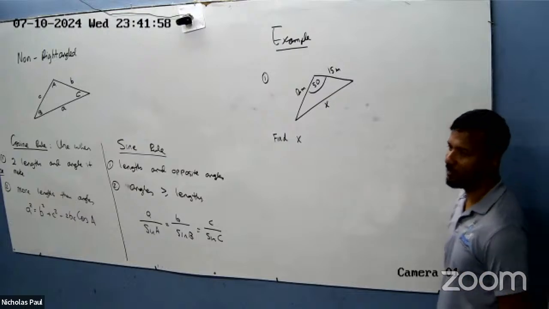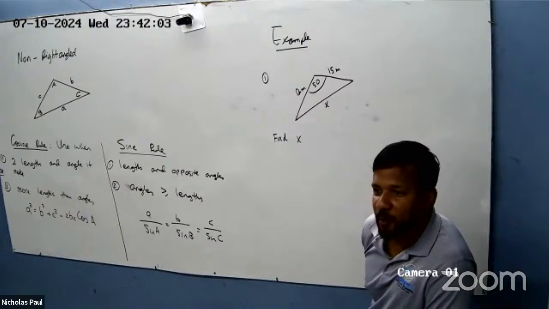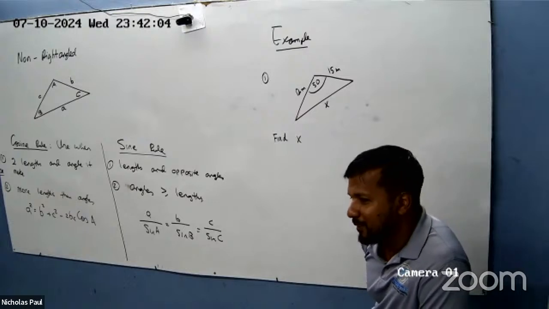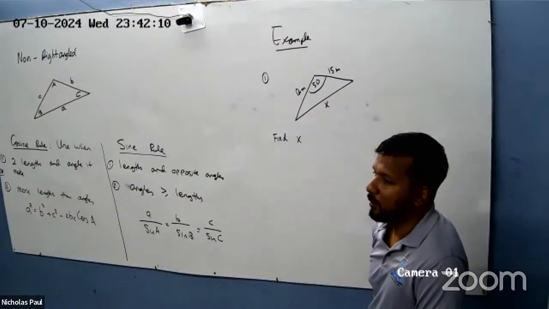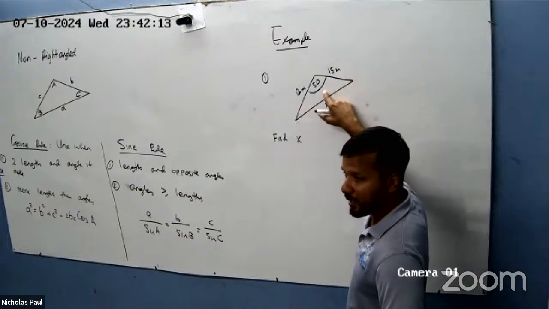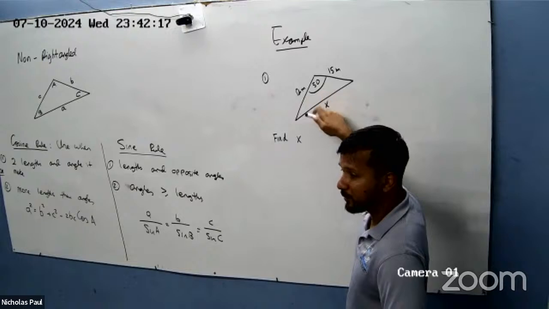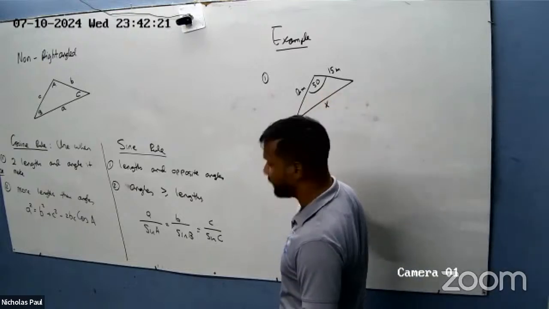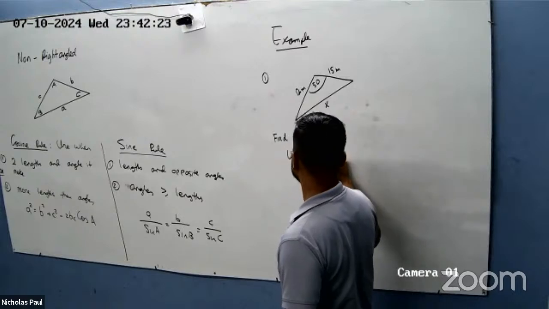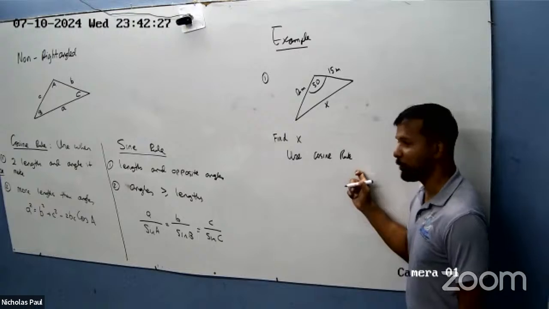Why do you say that? One of those conditions. Right, you have two lengths and the angle it makes, right? So we're going to use cosine rule.